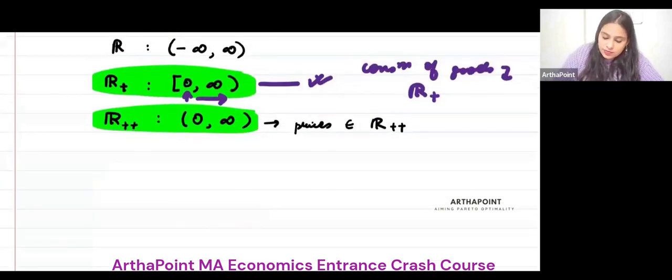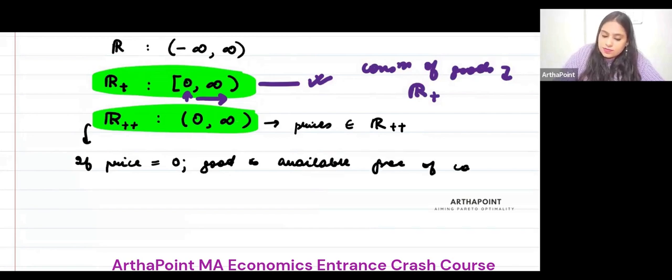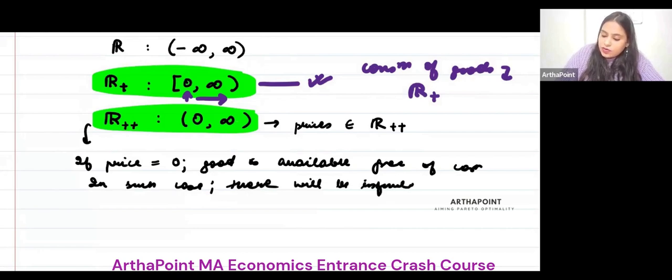So right now, we can write here that if price is 0, the good is available free of cost, in such case, there will be infinite demand of the good.